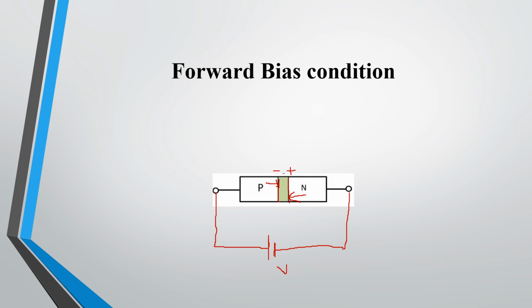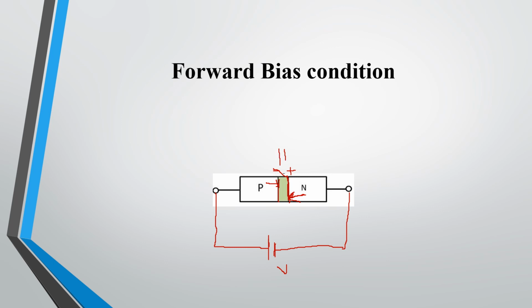The holes will neutralize the acceptor atoms present near the P side, whereas electrons from the N side will neutralize the donor atoms present near the N side. So the depletion region will be reduced.